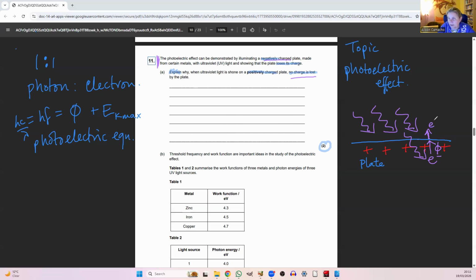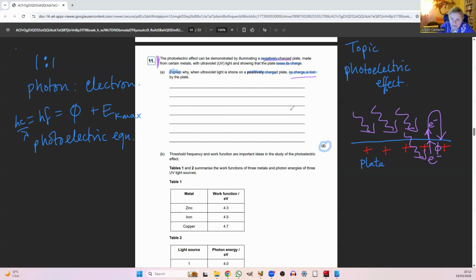Electrons are negative, remember. So what will happen to the negative electron if it tries to leave the surface? I think it might just turn around and go straight back. Okay, so even if it did have enough energy to leave, it's going to get attracted straight back again.